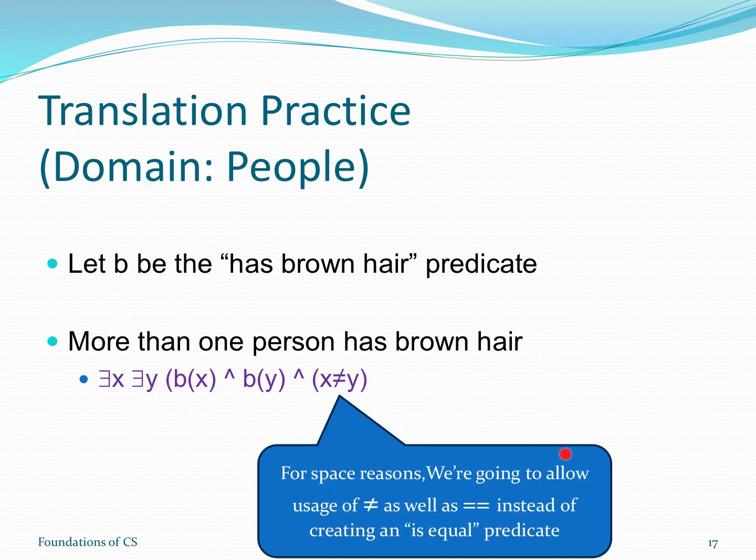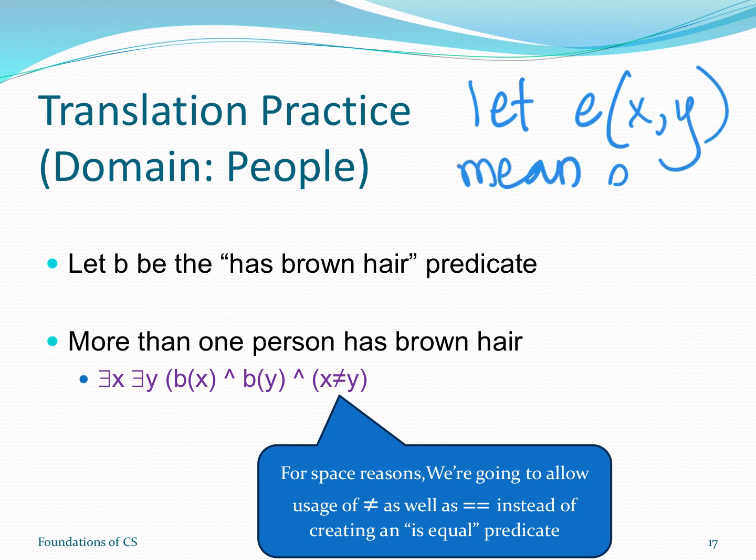And I've added this little note here, which says that, strictly speaking, we should have an is-equal-to predicate, right? So really what I should do is say something like, let E of X, comma, Y mean X equals Y, right?